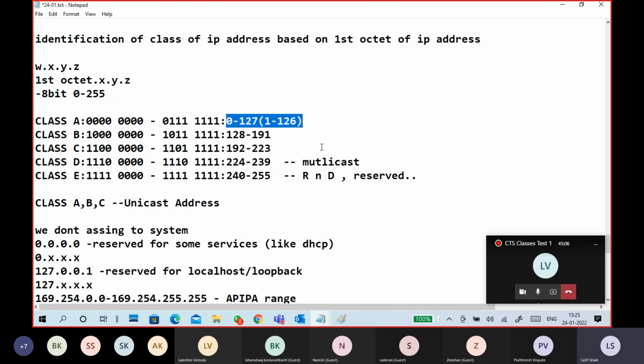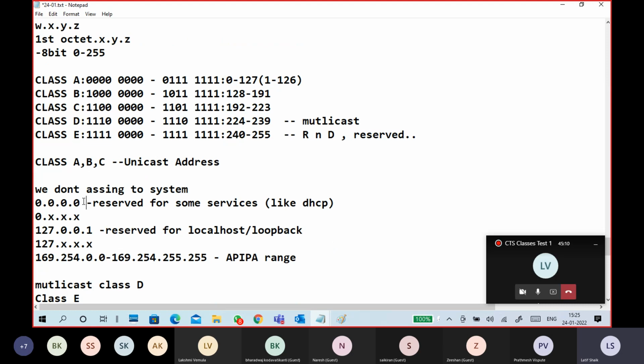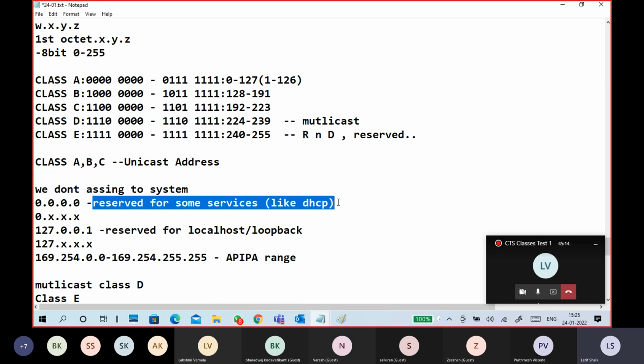In some textbooks it is 1 to 126, because 0.0.0.0 is reserved for certain services and 127.0.0.1 is reserved for the loopback address. We don't assign the 0 series or the 127 series to anyone.